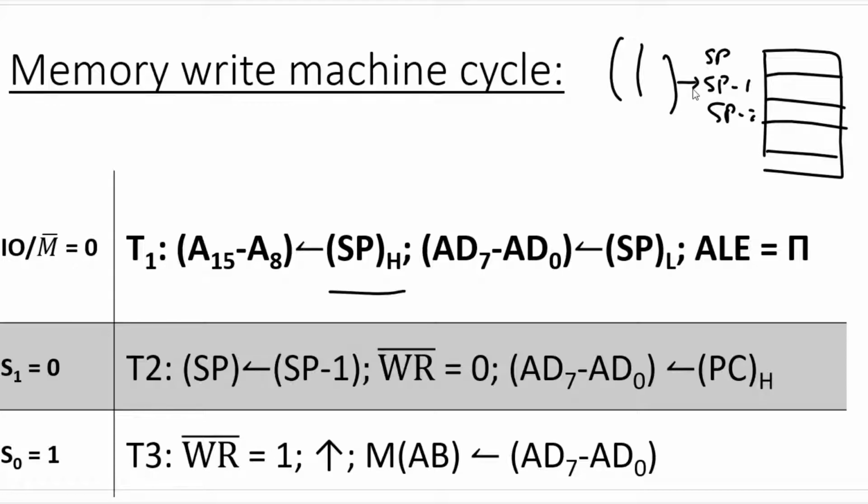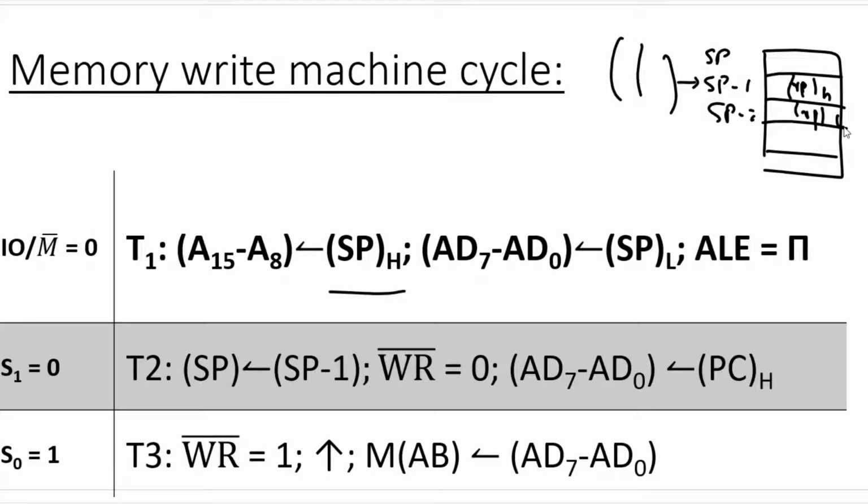So we are placing the most significant byte of the register pair at SP-1, and the least significant byte at SP-2. Fine.